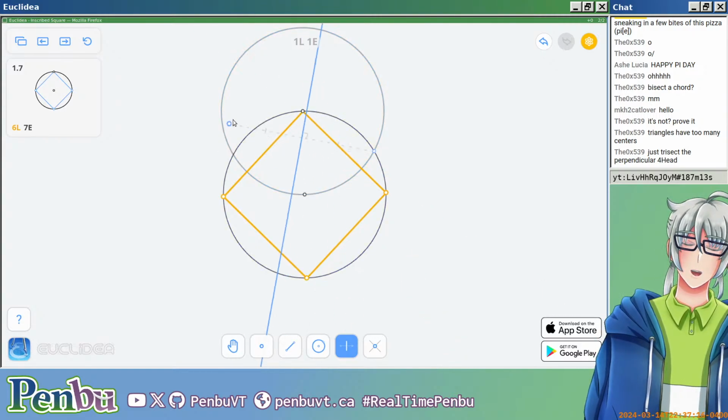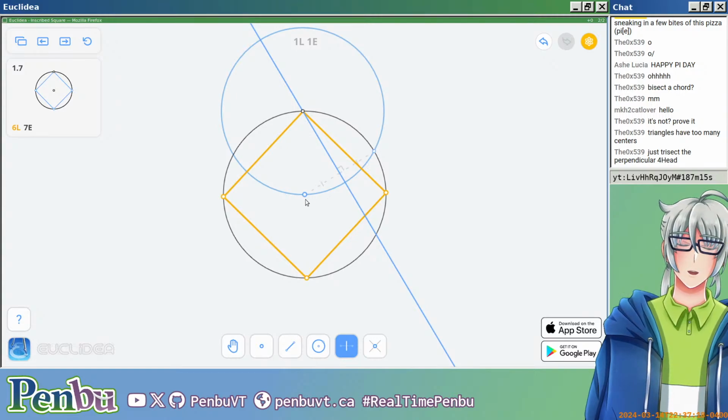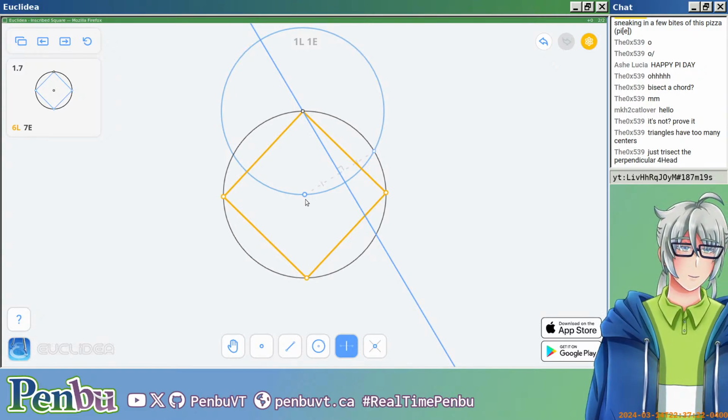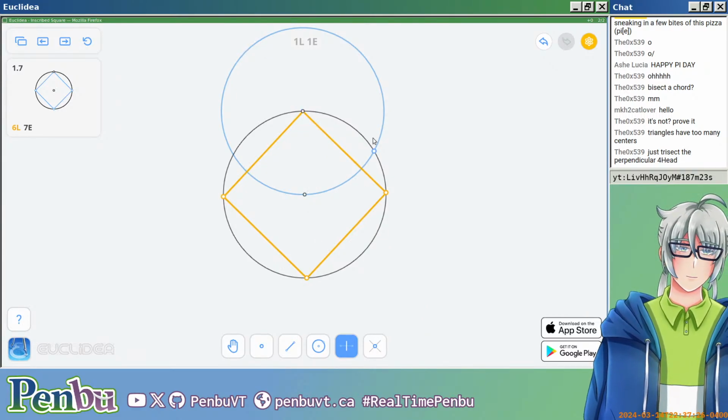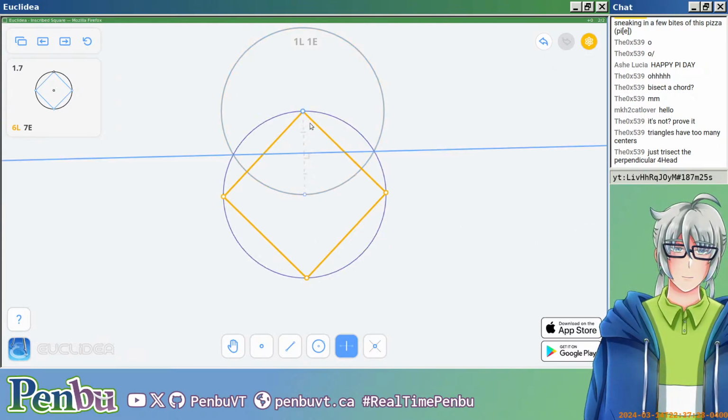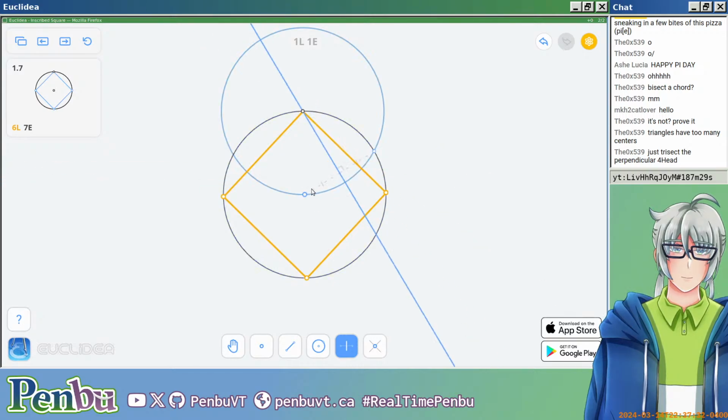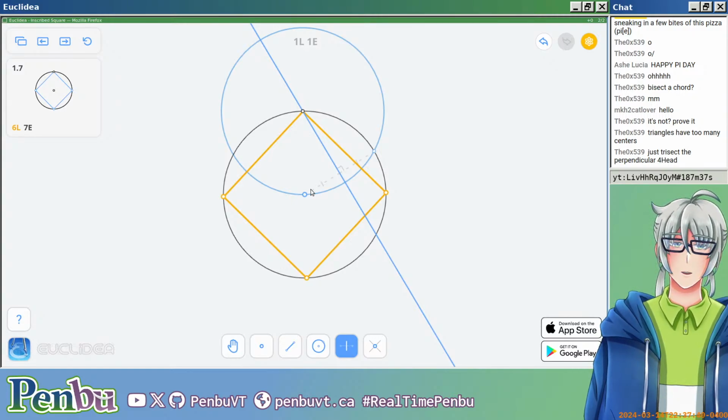Okay, that is an interesting property. I don't know if we can use that. I don't think we can use that. Or can we? That allows us to find that.